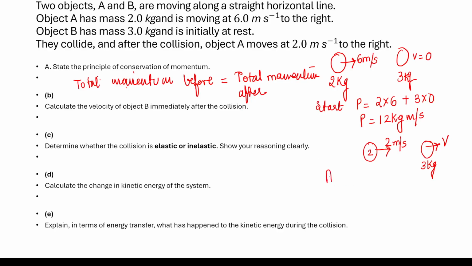So now after, what is the momentum of this one? 2 times 2. And the momentum of the second one is 3 times v. Now what happens is when you're learning new things, your mind is so busy thinking about this new thing that it forgets what you were actually doing.